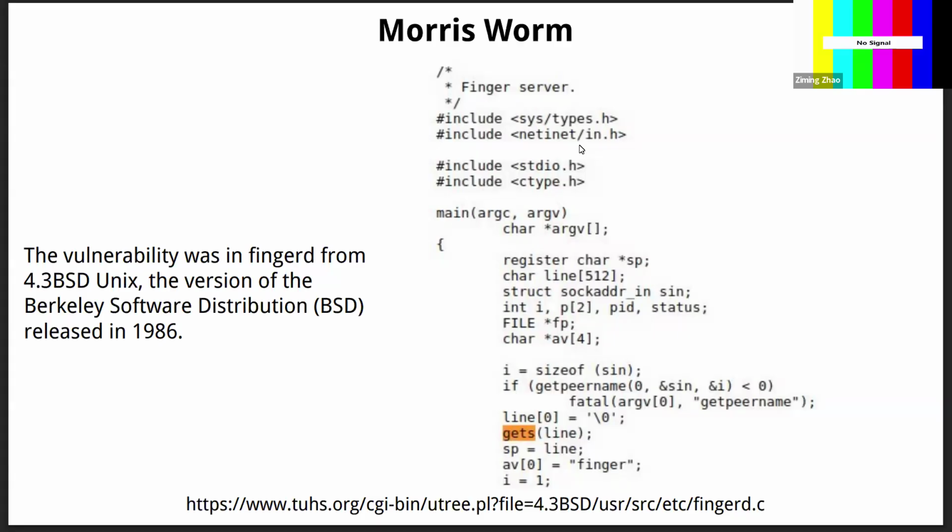A daemon is basically a server or service in Linux or Unix systems. Windows calls it just a server, I believe, or service. Yeah, in Linux we call it a daemon. So this fingerd, that's why the program is usually called finger.